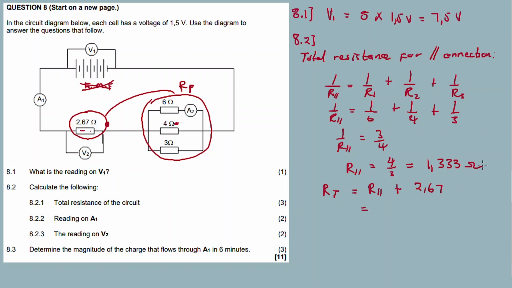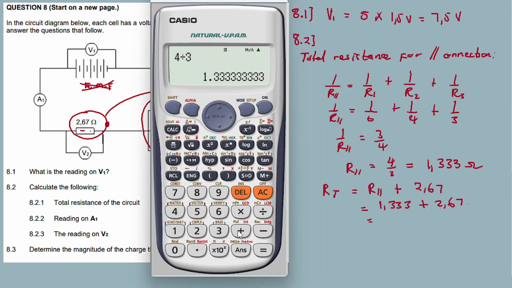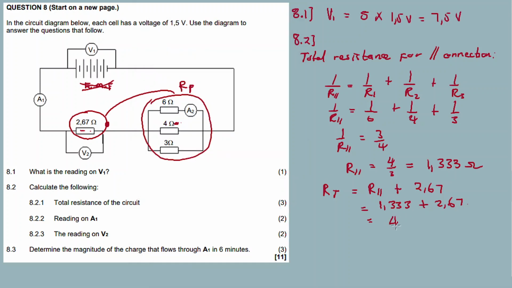So 1.333 plus 2.67. The answer is about 4 ohms. So this is the total resistance.